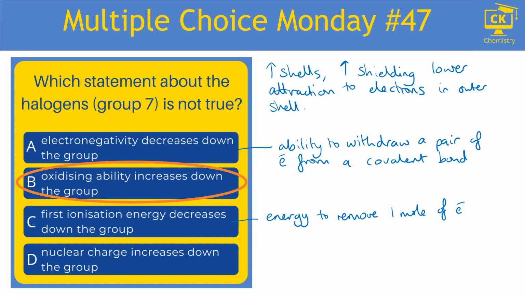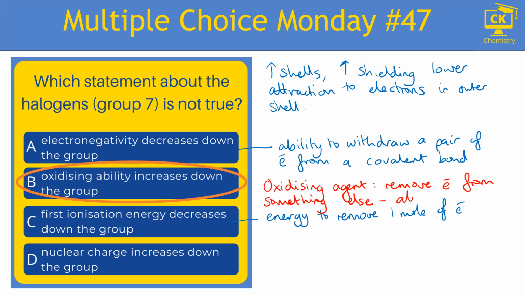So oxidizing ability. We need to make sure we understand the difference between being oxidized and being an oxidizing agent. So all of the halogens are oxidizing agents, and an oxidizing agent is going to remove electrons from something else, and so therefore it is going to attract electrons towards it, and it is itself going to be reduced.